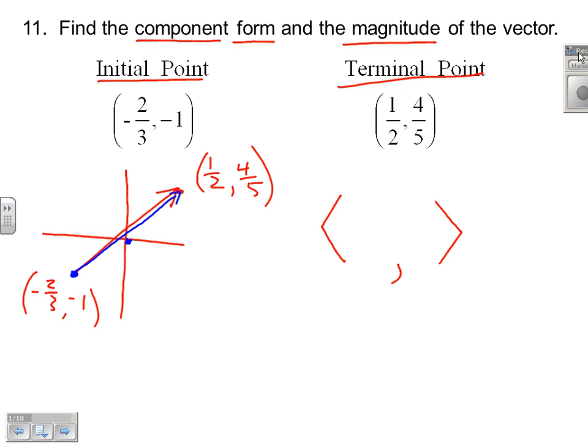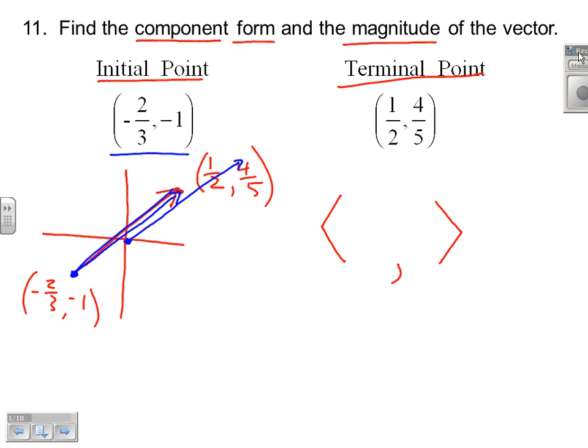What if the chair started at 0, 0? Then my slide would be out this far. And I'd really like to know the circumstances when I'm sliding it from 0, 0 rather than when I start the chair at -2/3, -1. So I still need to go this same distance, but where would I end up? Well, pretty easy to see.